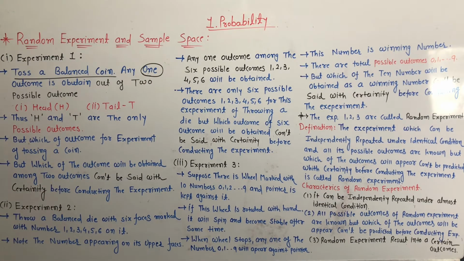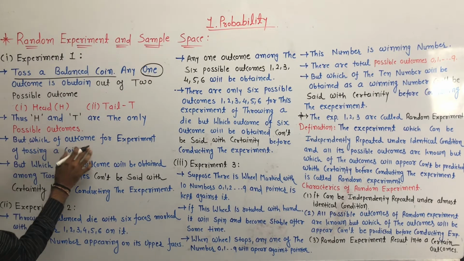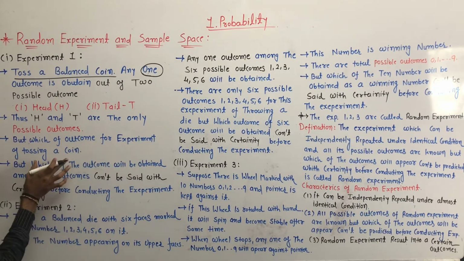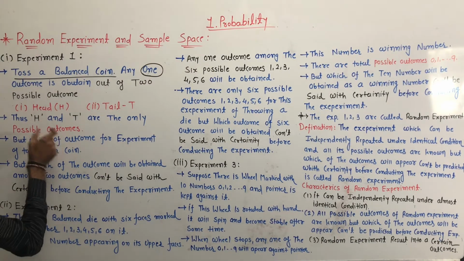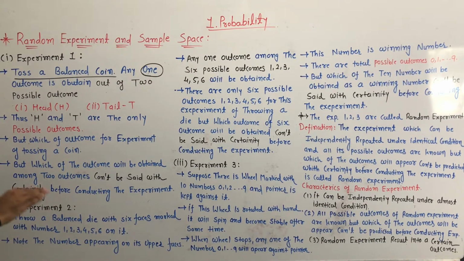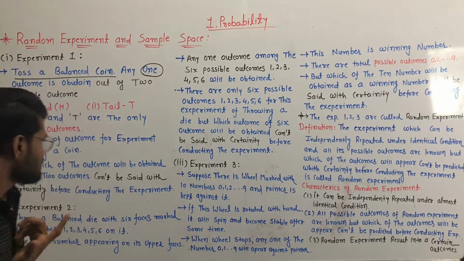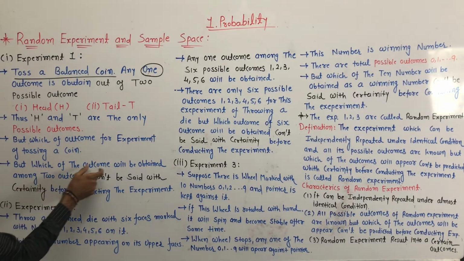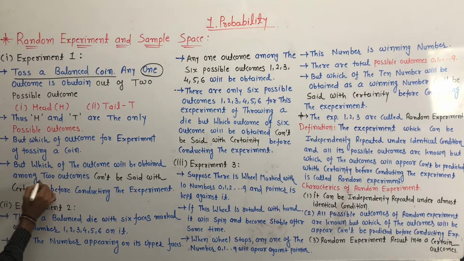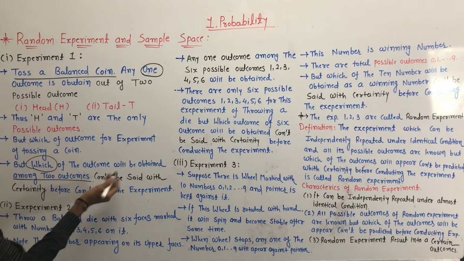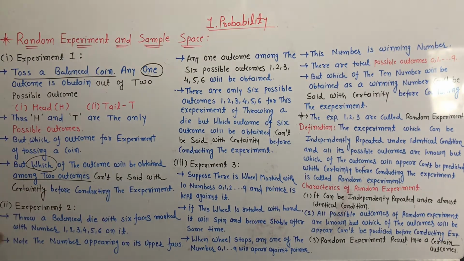But which outcome will be obtained in the experiment of tossing a coin? Out of these 2 possible outcomes, we don't know which will be obtained. Which of the outcomes will be obtained among 2 outcomes can't be said with certainty before conducting the experiment.